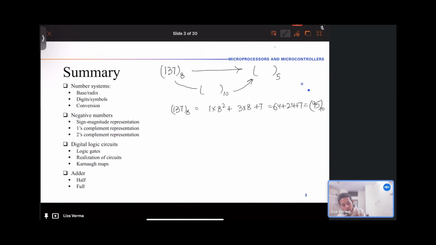Now to convert this to number system 5, we take the number, repeatedly divide it by 5, and keep track of quotients and remainders, right? So 95 divided by 5 would be 19.